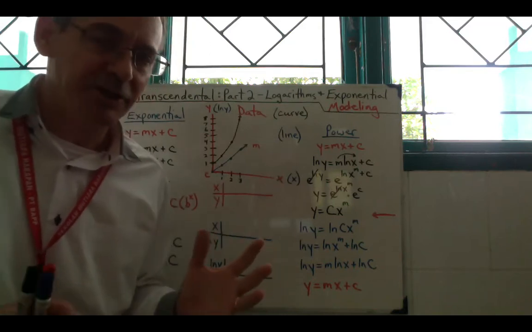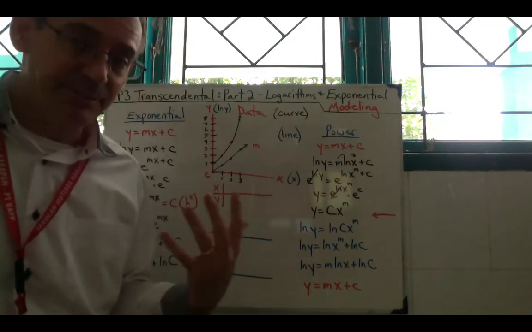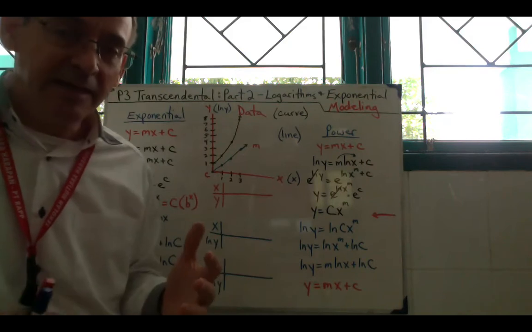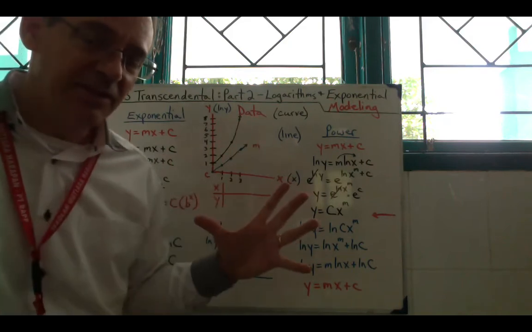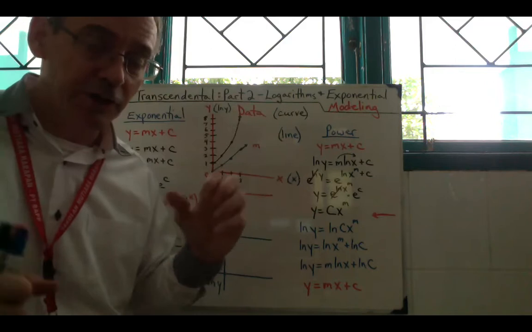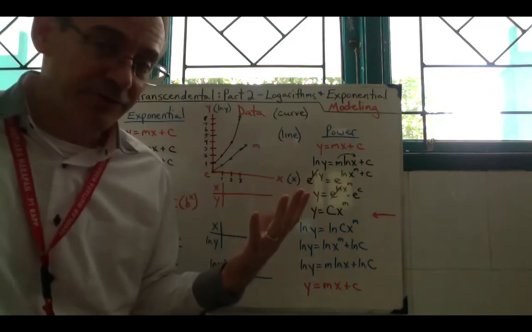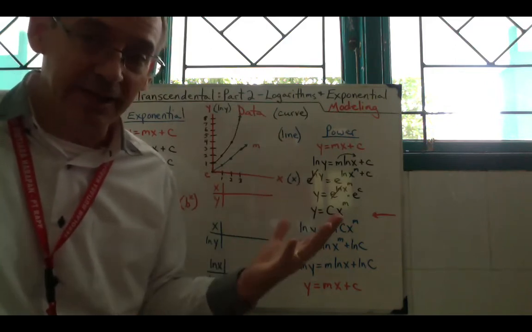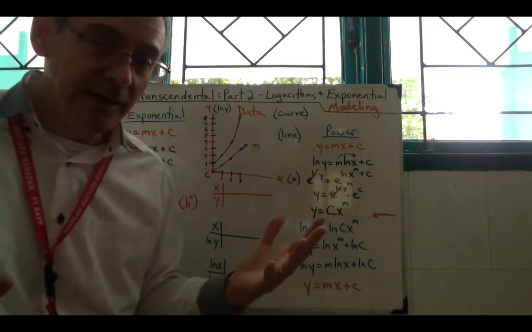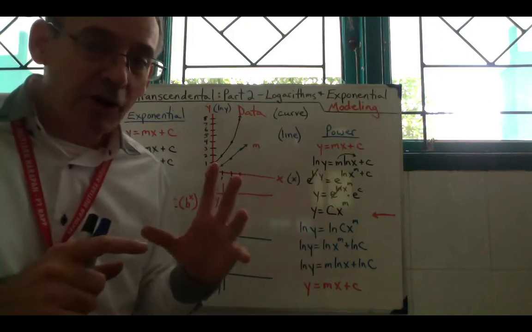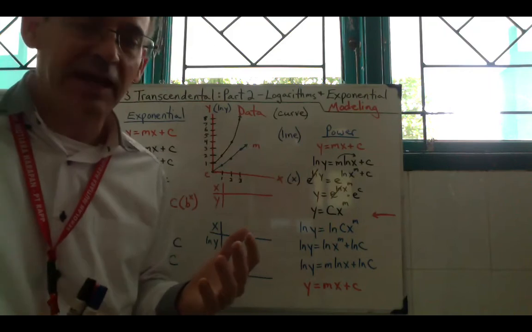Well, when it comes to curves, you might think it's pretty easy to identify. But if you don't get to see the whole curve, you don't know if it's a circle, an ellipse, a hyperbola, a parabola. You know, there are all sorts of different curves out there.